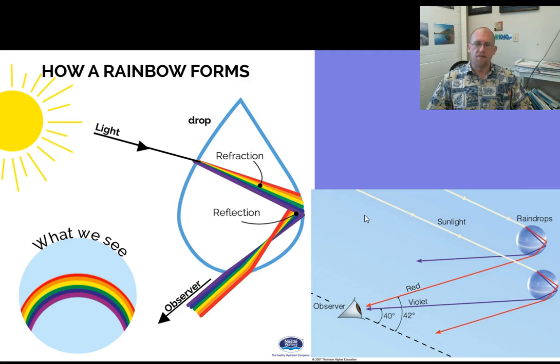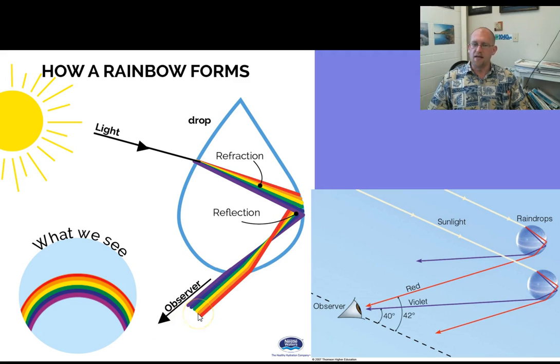Okay, same thing happens obviously in water droplets, but the water droplet, it gets bent and then it gets reflected by the other end of the water droplet. This is the total internal reflection phenomenon. And then as it gets reflected, it's bent again, but now it's upside down as it comes out.